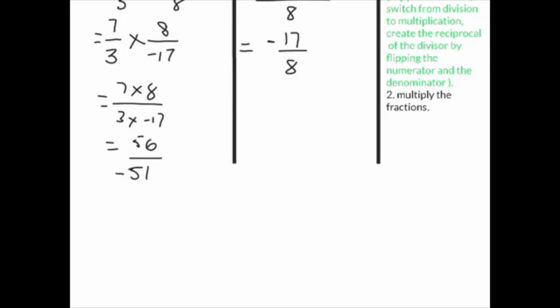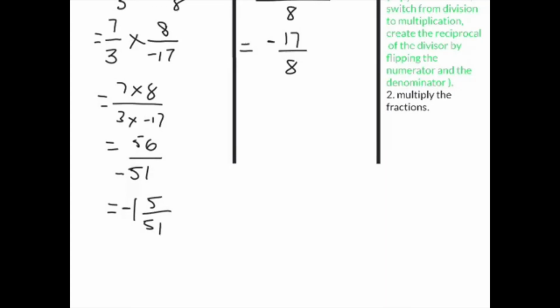Okay, now we can simplify this, and I have a video that explains how to do that as well, and that will be linked to in the description. So we can see here that 51 will go into 56 one time, and that would leave 56 minus 51 is 5. 5, and the denominator would stay the same. And again, this was negative.